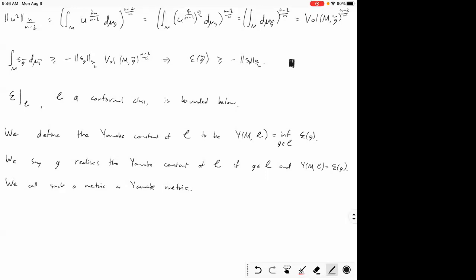So restricting our attention to a conformal class, do we still have the same critical points or are they different? The answer is the critical points of this functional when restricted to a conformal class are the constant scalar curvature metrics.